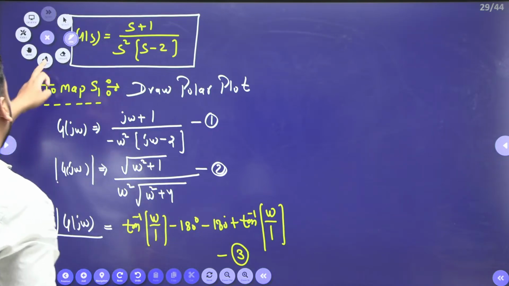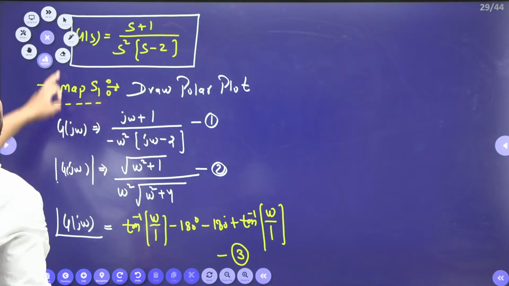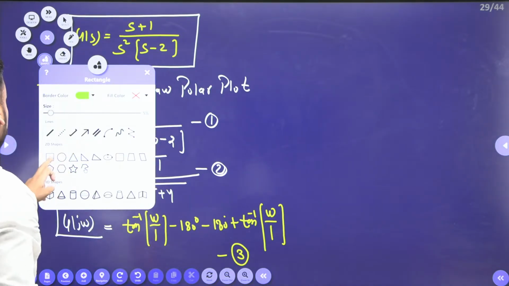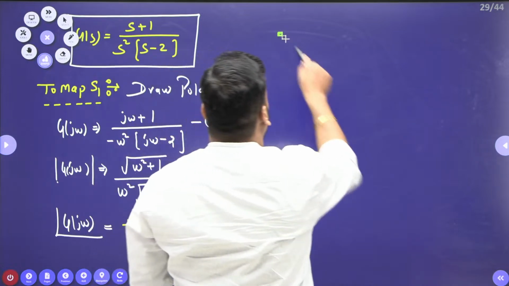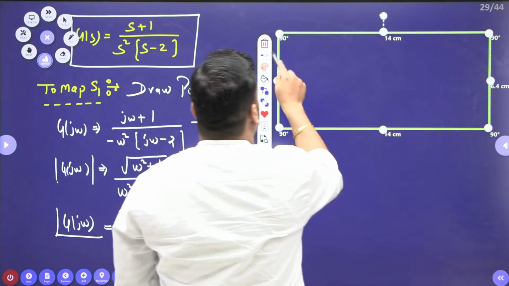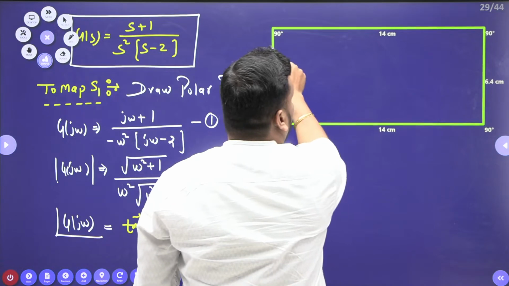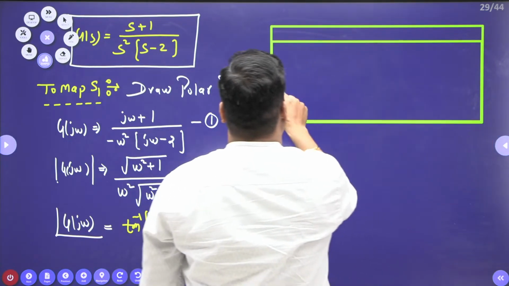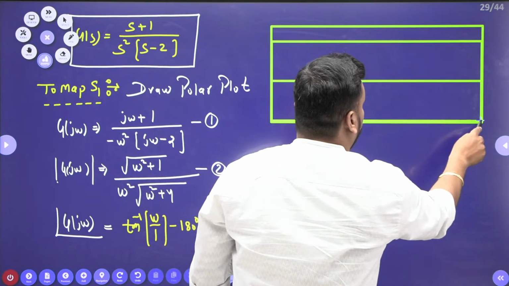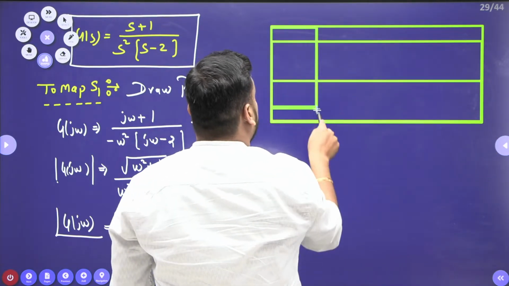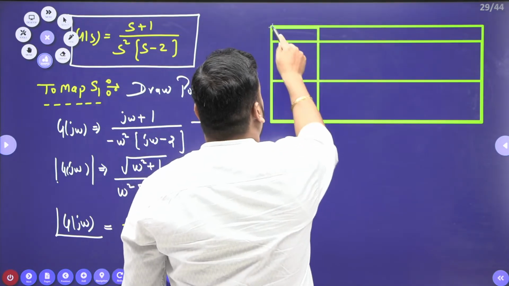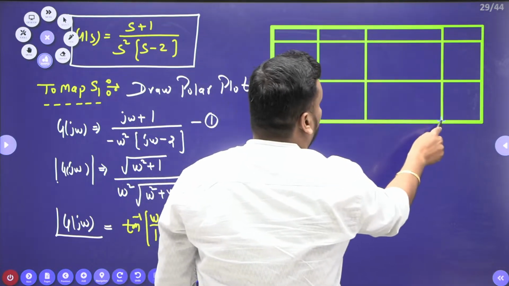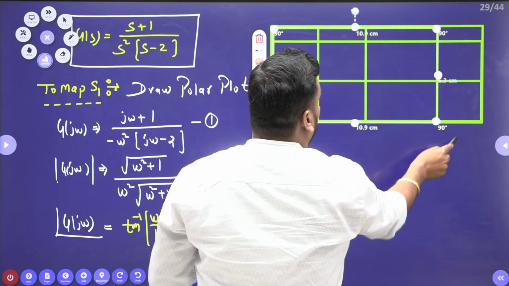Now go for equation number 4, guys. But before that, I will make a table. In this table, I will represent the magnitude as well as the angle.